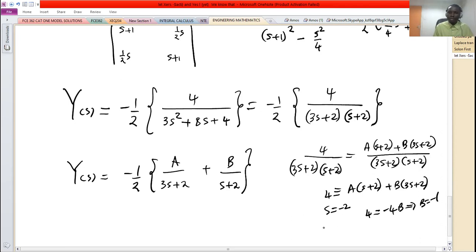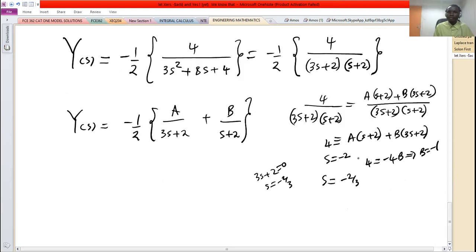And then when you set s so that 3s plus 2 equals 0, so s equals -2 over 3. Then we have 4 equals -2 over 3 A plus 2.